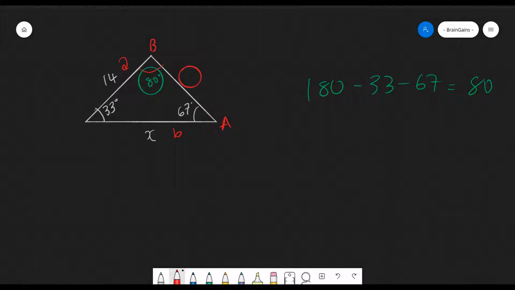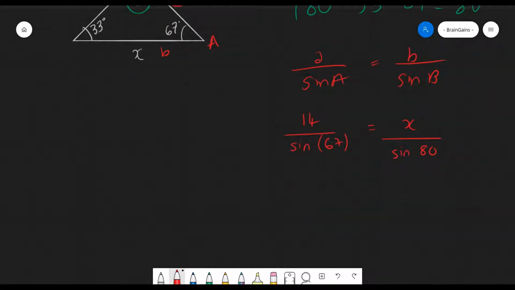Now, in this situation, because we want to find a side length, we would use the formula A over sine A is equal to B over sine B to make it easier for us. So we would have 14 over sine of 67 is equal to x over sine 80.